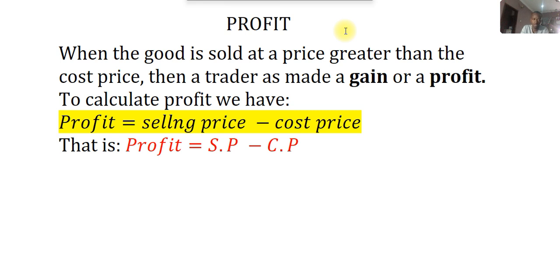To calculate profit, we have selling price minus cost price, and that's what you have on your screen here. Profit equals selling price minus cost price. Okay, so let's move on.